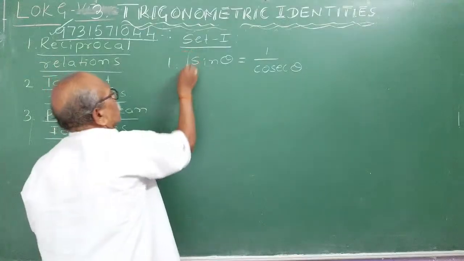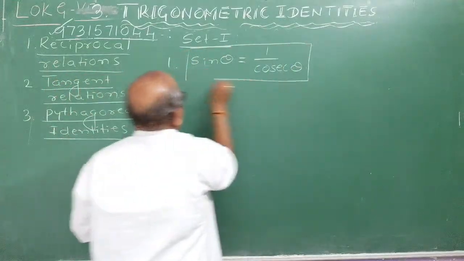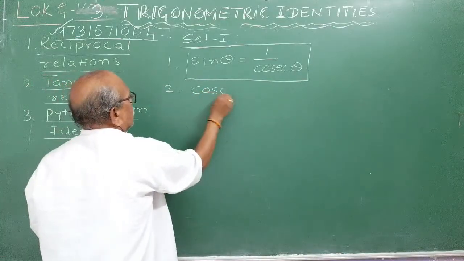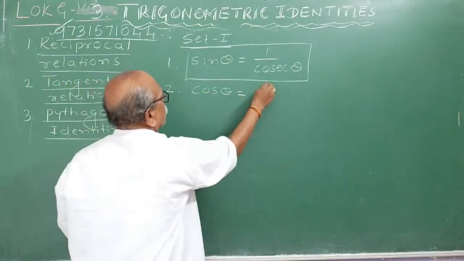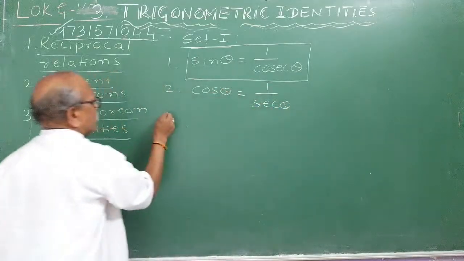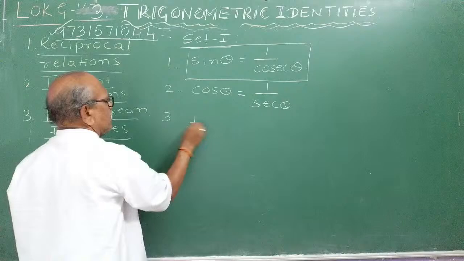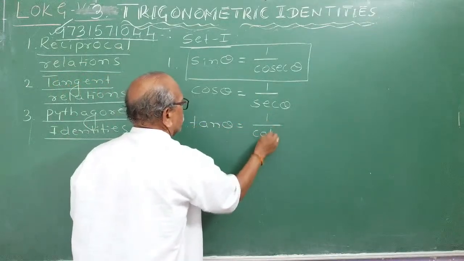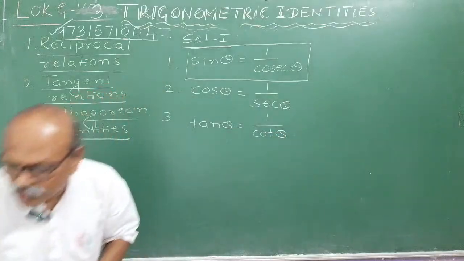Sin theta is equal to 1 upon cosec theta. In this set, the second one is cos theta is equal to 1 upon sec theta. The third one is tan theta, the reciprocal of cot theta.